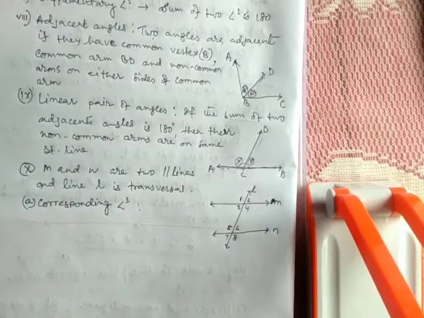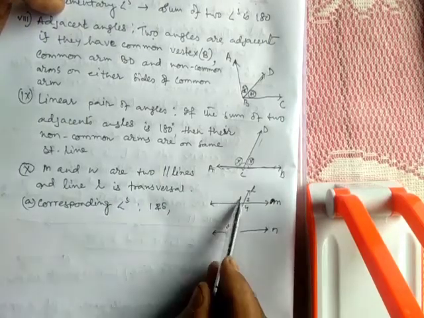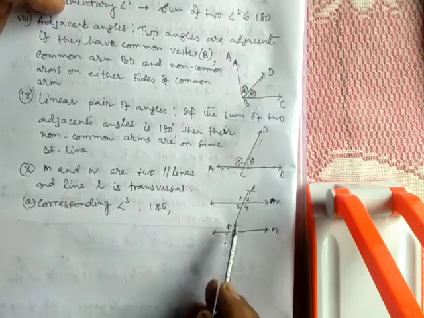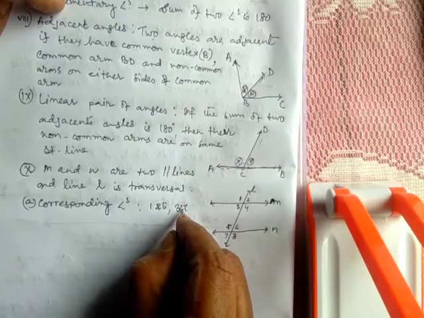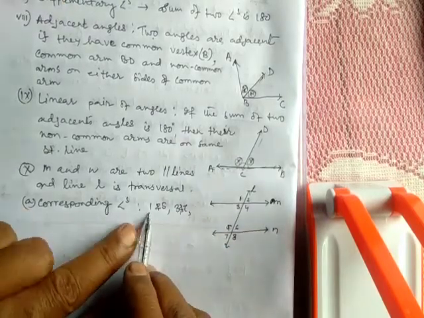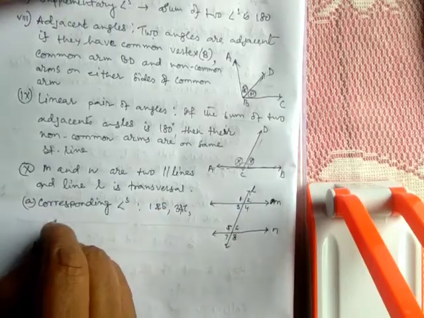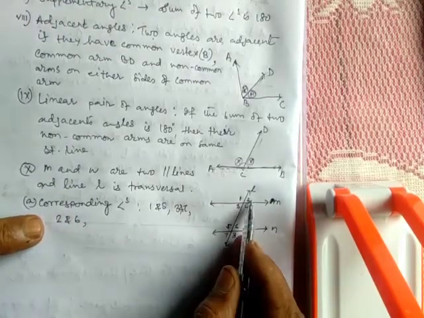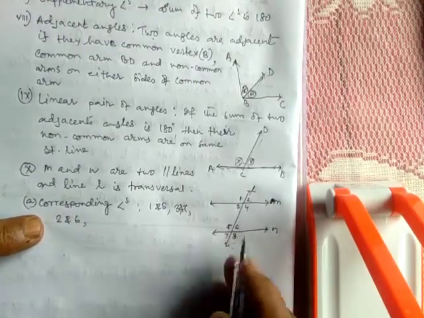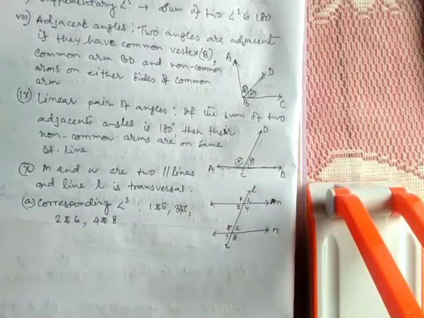Corresponding angles are always equal. 3 and 7 are corresponding angles. 1 and 5 are equal, 3 and 7 are equal. 2 and 6 are corresponding angles, always equal. 4 and 8 are always equal.